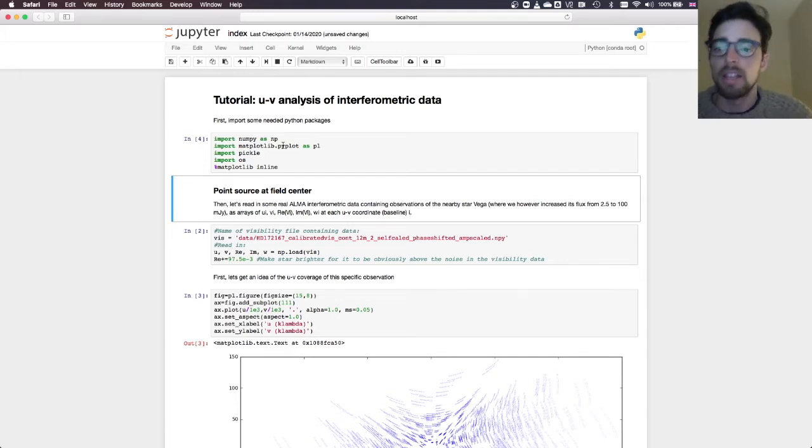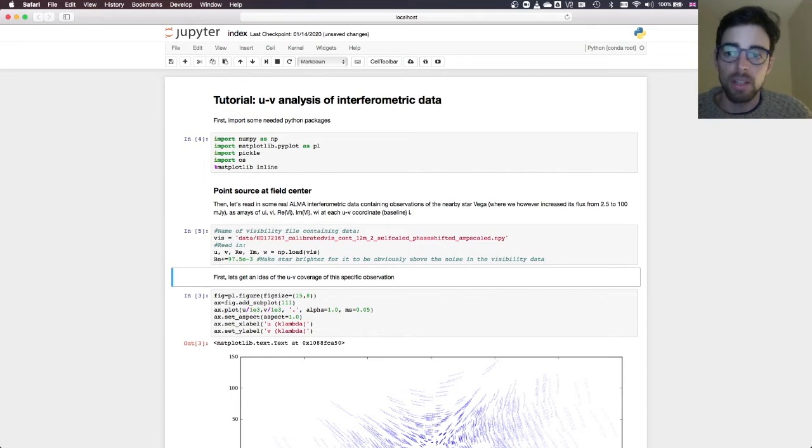Okay, so first we import some Python packages, then we're going to read in some ALMA interferometric data that I got back in 2016, which observed the nearby star Vega, and this data was taken at 230 gigahertz, so 1.3 millimeters.